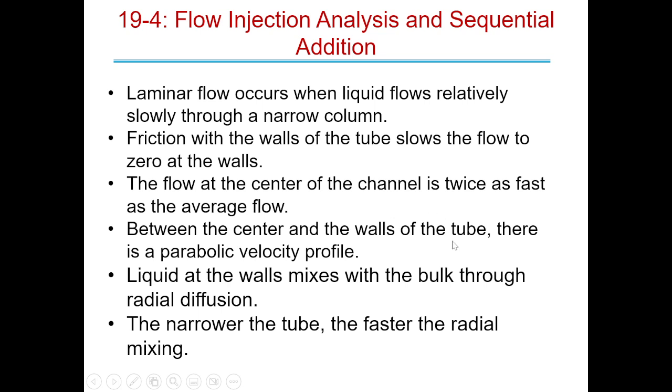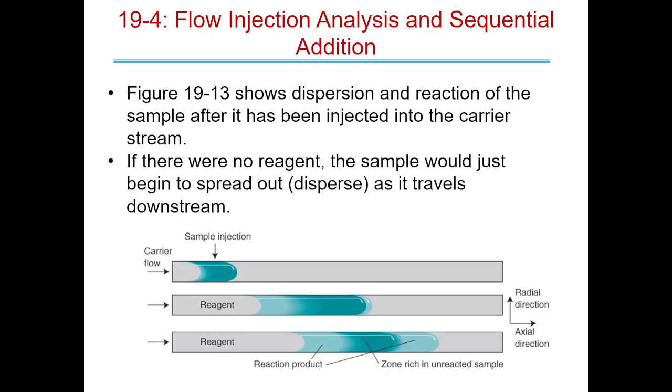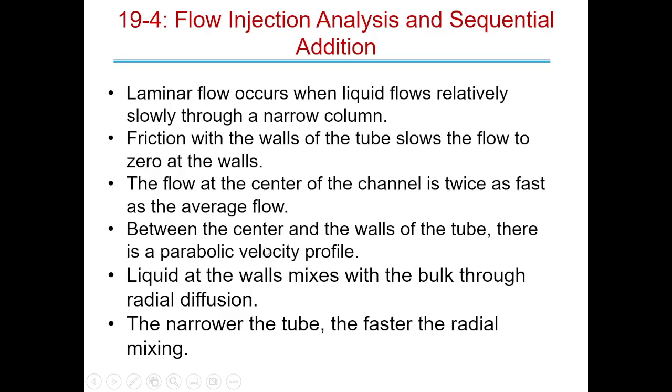Okay. So the liquid at the walls will mix with the bulk through radial diffusion. So radial direction, see how it's like that? Yeah. So that's what's causing the mixing at the walls, is radial diffusion, okay? So the narrower your tube, the faster the radial mixing.